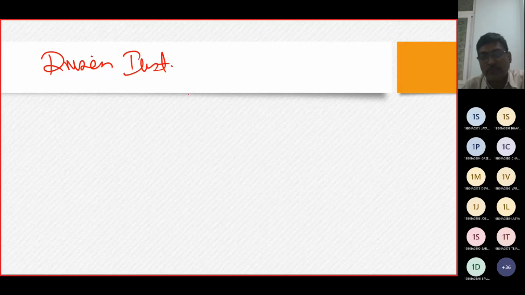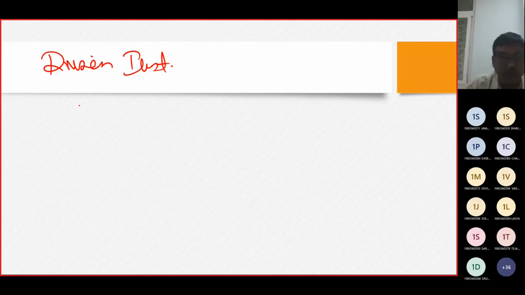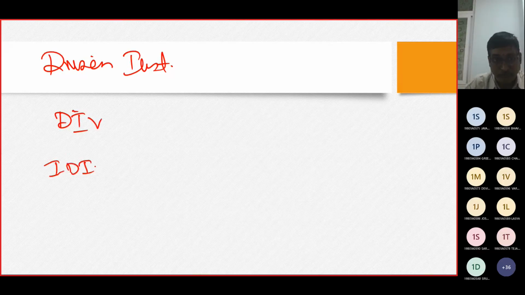Next comes the division instructions. In these division instructions, we have a set of instructions with DIV, and another set with IDIV.